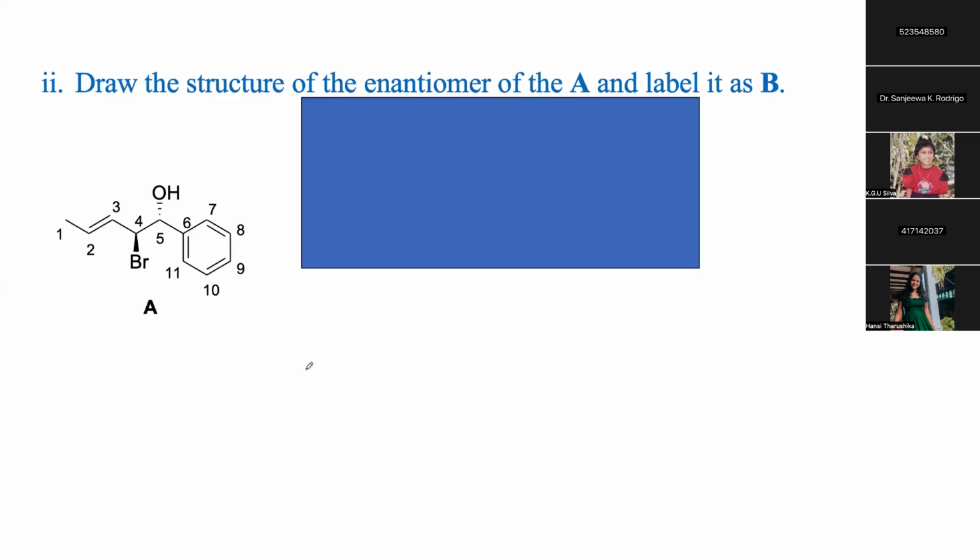Right. Then the next part is to draw the structure of the enantiomer of A and label it as B. The enantiomer is the mirror image of this molecule. We know that enantiomers are mirror images, and the other important thing is they are non-superimposable mirror images.